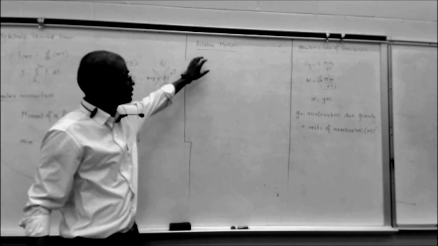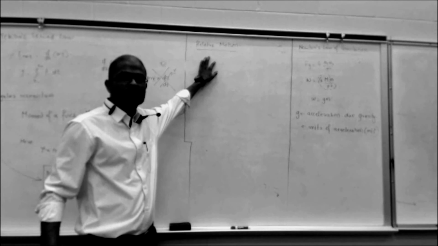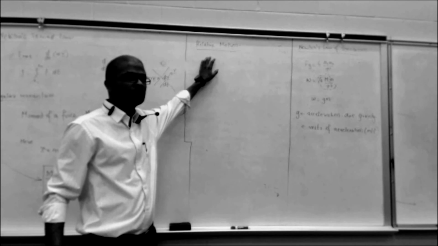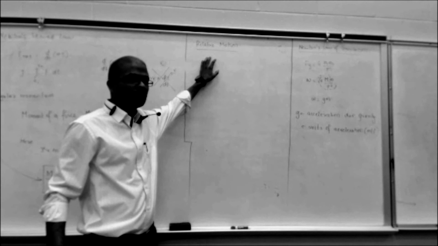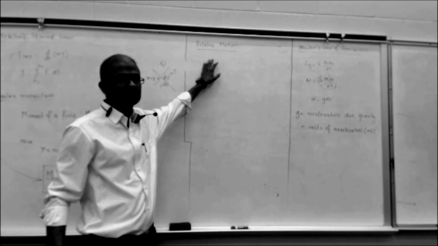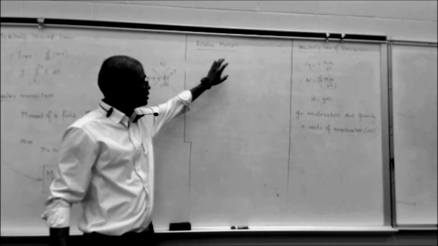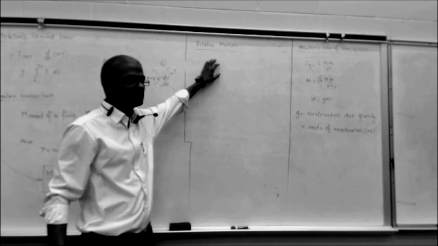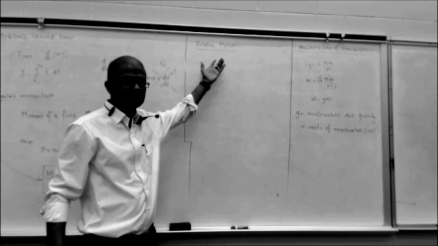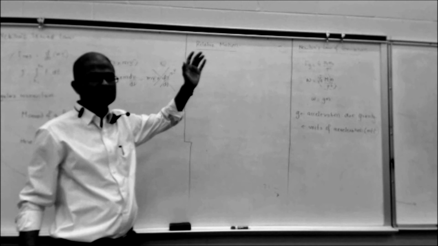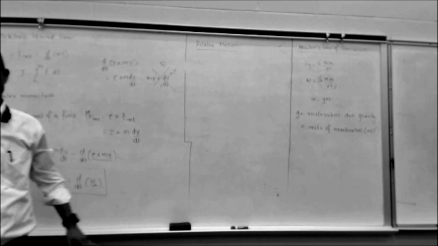Now, when we're discussing relative motion, we cannot discuss it in the context of an inertial reference frame, because no motion we study is in an inertial frame. Anything we study here is accelerating.